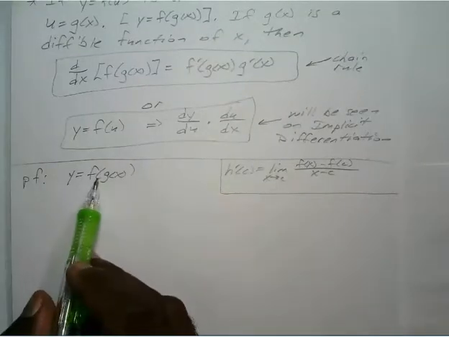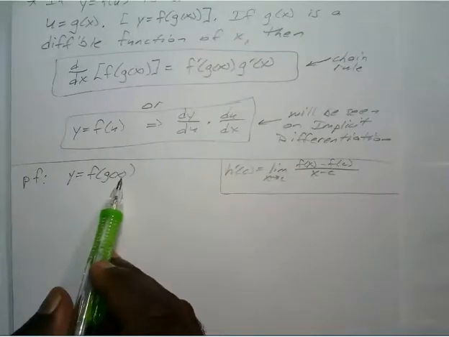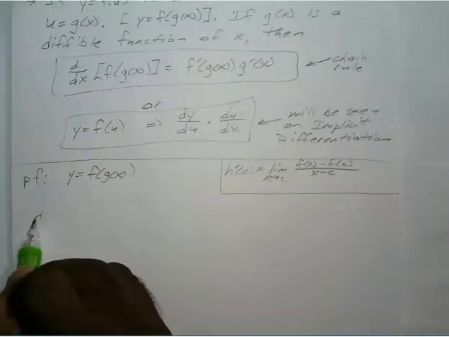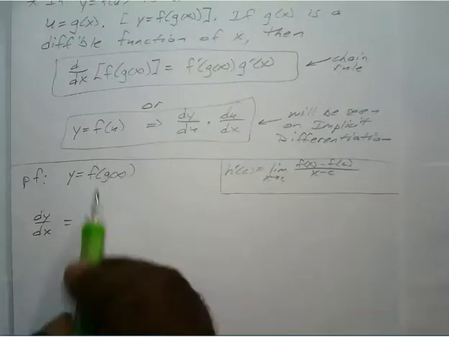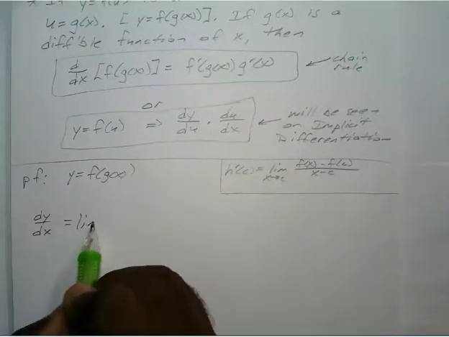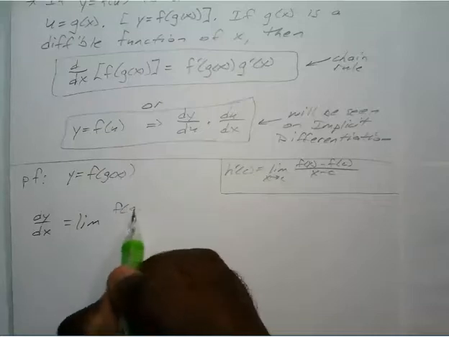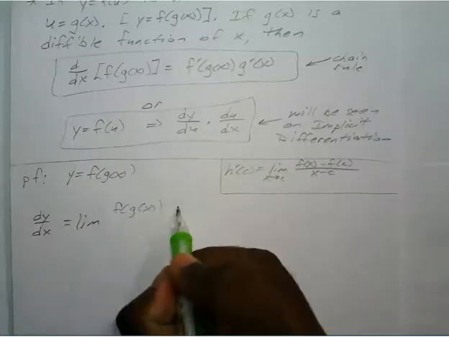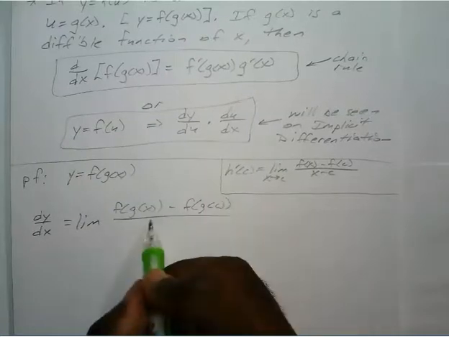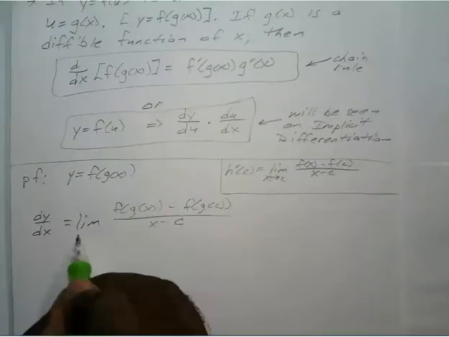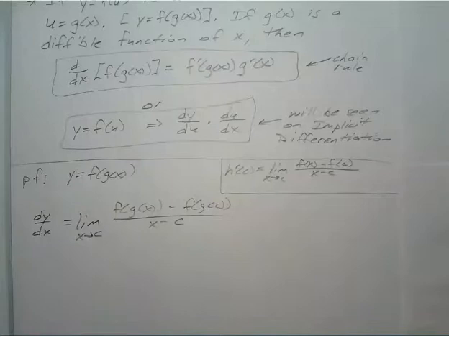Okay, so if y is equal to f of g of x, then that means the derivative is equal to the limit of f of g of x minus f of g of c all over x minus c as x approaches c.